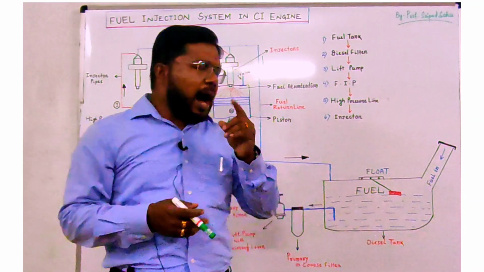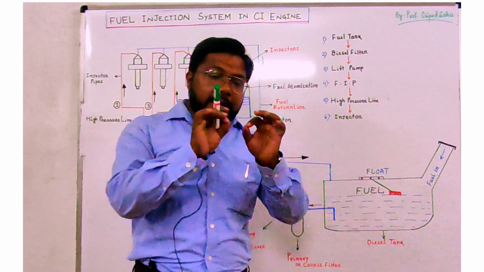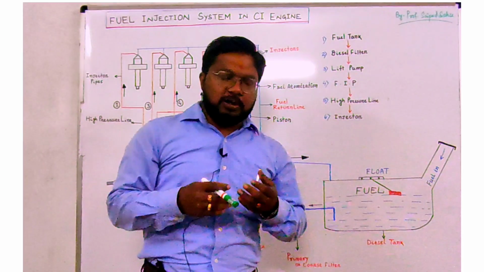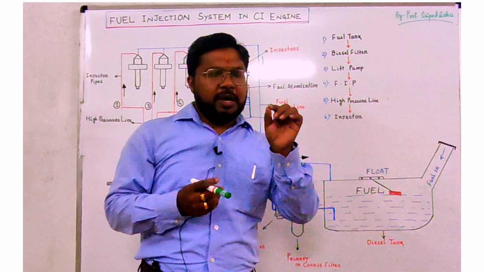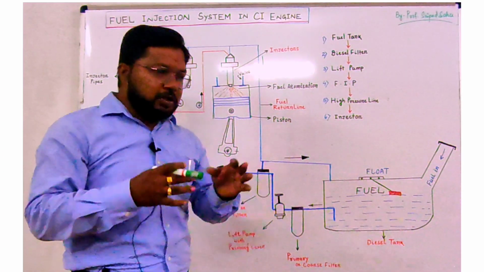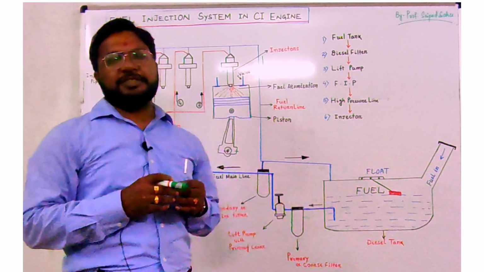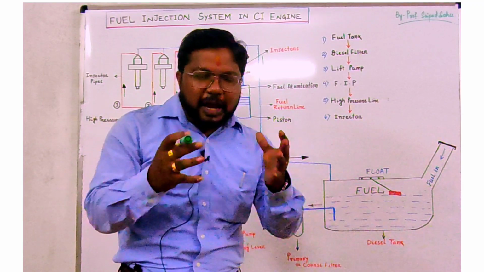Another point is that in case of SI engine, for starting the combustion we have an external medium, the spark plug, by which the combustion is started. But here no external medium is there, and this air-fuel mixture is able to burn.